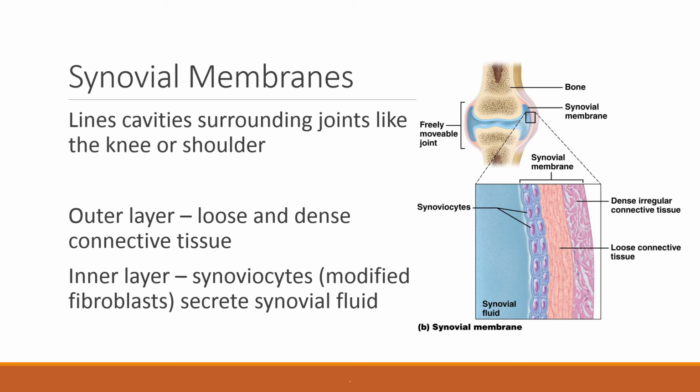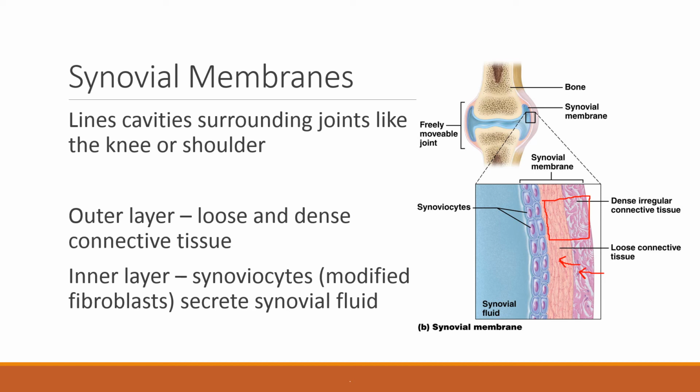The outer layer of the membrane is composed of dense irregular connective tissue, and next to that you have a layer of loose connective tissue. So together, these two are the outer layer of the synovial membrane. Interior to that, you have a layer of specialized fibroblasts called synoviocytes.